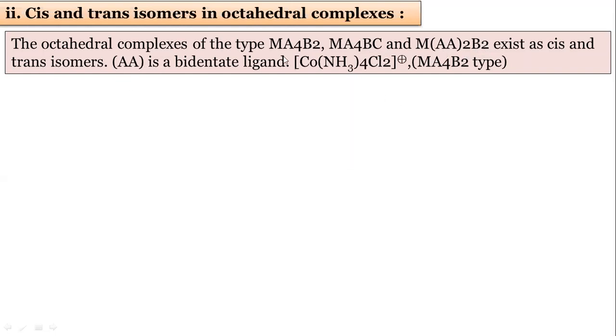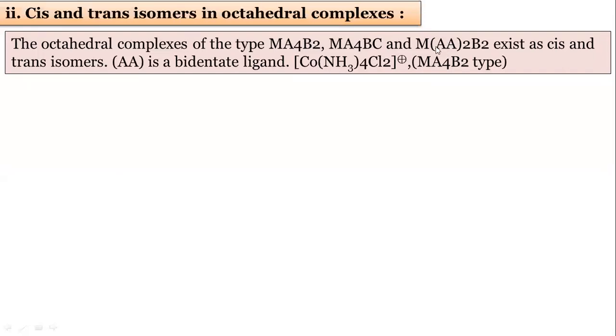So this AA is a bidentate ligand. Remember, here this AA is a bidentate ligand because it is shown as AA2. AA is a bidentate ligand. When a single A is there, it is monodentate. When a single B is there, it is monodentate. When a single C is there, it is monodentate.